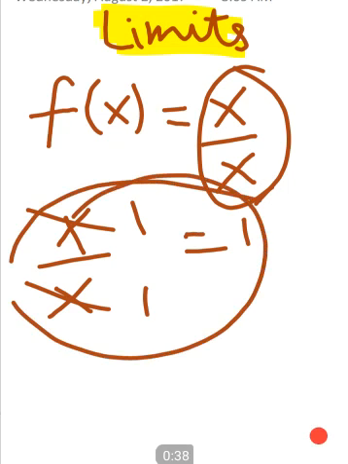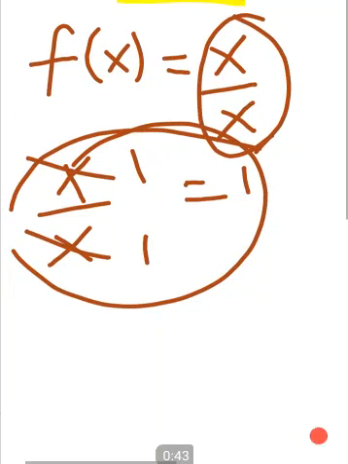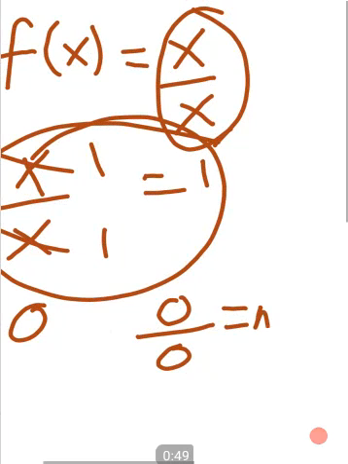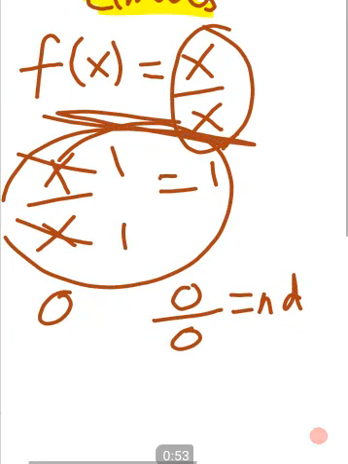But that is not the case here. This is not defined at 0, as 0 by 0 is what? Not defined. So this is a nice function to start with limits.